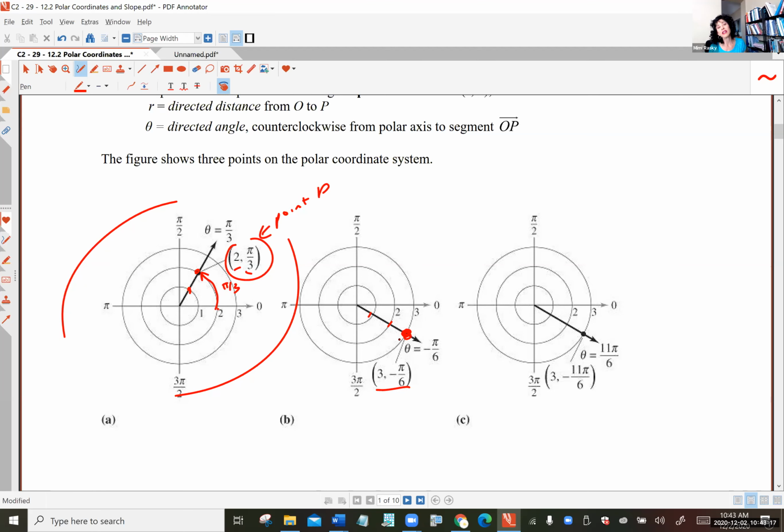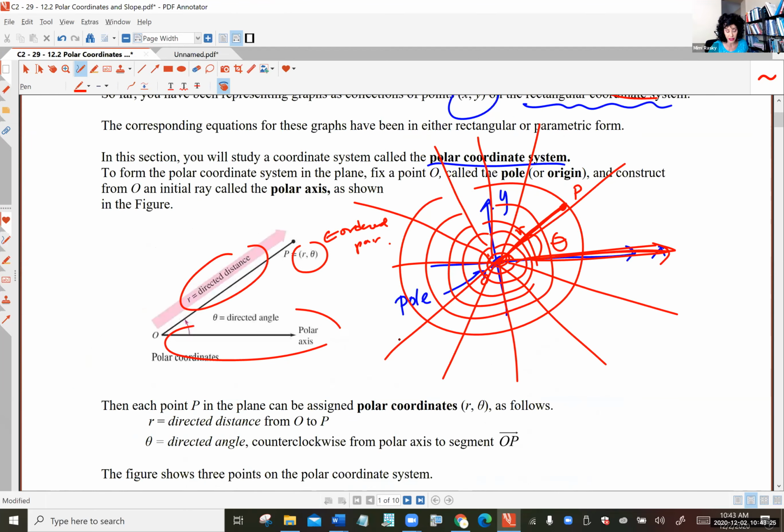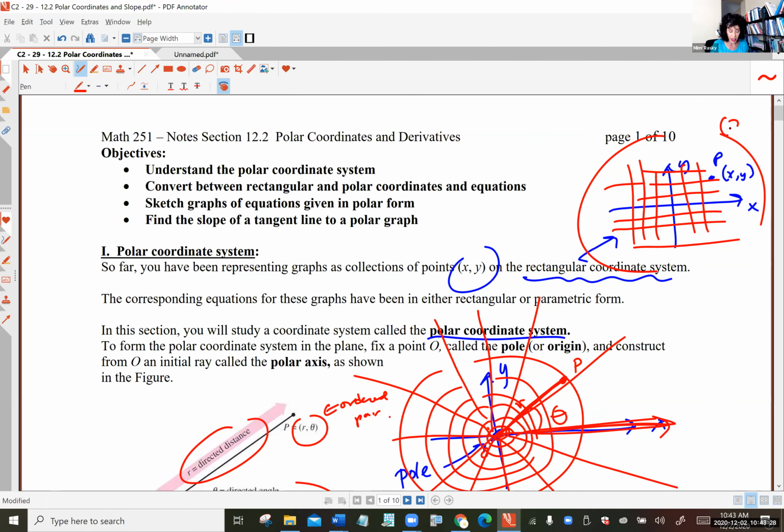Now, the thing about polar is that points do not have a unique representation, unlike x, y. If you're in a rectangular coordinate system and somebody says the point (2, 3), there's no other way to say the point (2, 3), because the point (3, 2) would be a very different point.